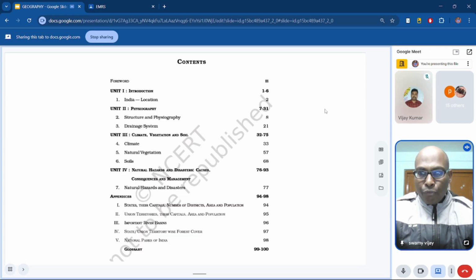And then unit 4 is natural hazards and disasters, causes, consequences and management. So there are 7 topics we are going to cover in this class: India and location, structure and physiography, drainage system, climate, natural vegetation, soils, and natural hazards and disasters.